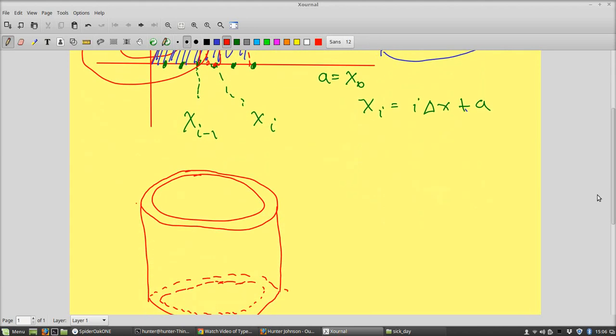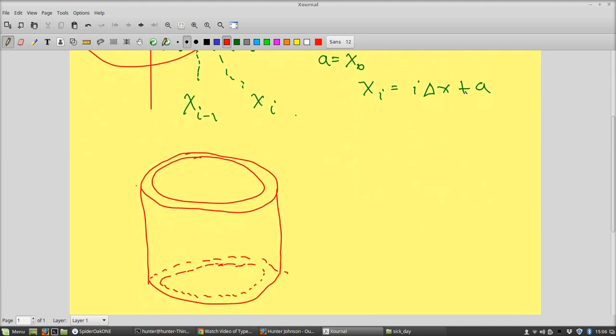So this is also a trick we've done a few times before. So let's figure out how to find the volume of this cylindrical shell. It's really just a generalized cylinder, and this is going to be delta x. That's because that width is x sub i minus x sub i minus 1.